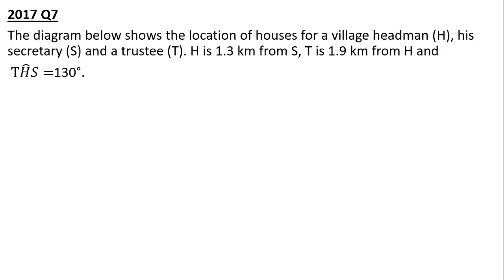2017. The diagram below shows the location of houses for a village headman, his secretary, and a trustee. H is 1.3 kilometers from S, T is 1.9 kilometers from H, and angle THS equals 130 degrees.